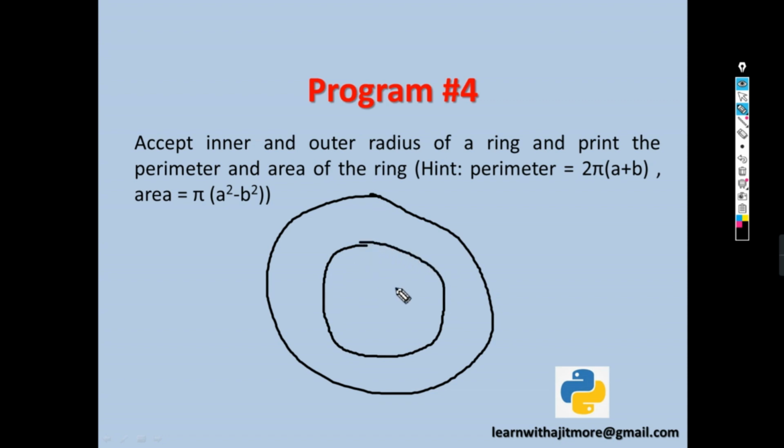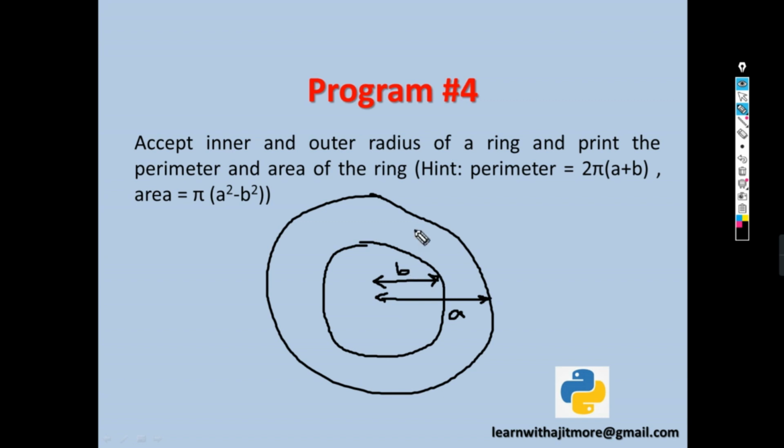I'm not perfect in drawing, but I hope you will understand what I'm trying to tell you. This is the radius of outer circle, we will call it as A. And this is the radius of inner circle, I'll call it as B.